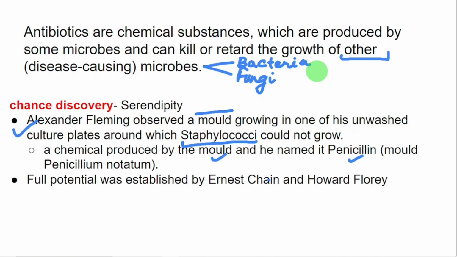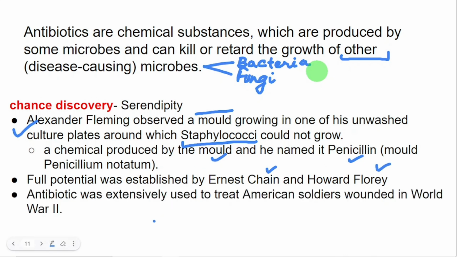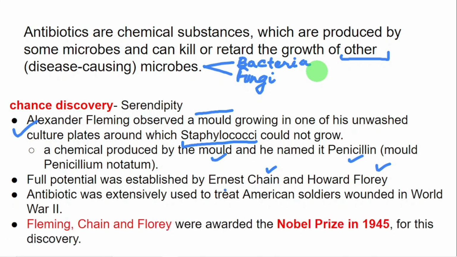The full potential was established by Chain and Florey. Very important. Once this was established, it was mass produced, commercially produced and used to treat infection, especially during war. And this is the reason why this discovery is so important, and all three were awarded Nobel Prize in 1945.